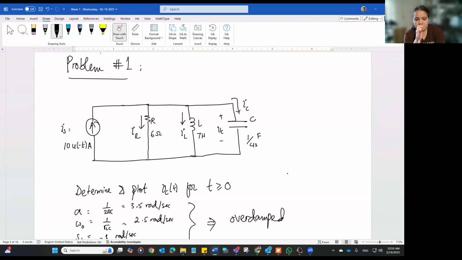So that means the capacitor would be like the source, correct? I'm just simply asking, in terms of KCL, what will be the equation for IC? It would be IR plus IL plus IC equals 0. That's KCL. So what will be IC?